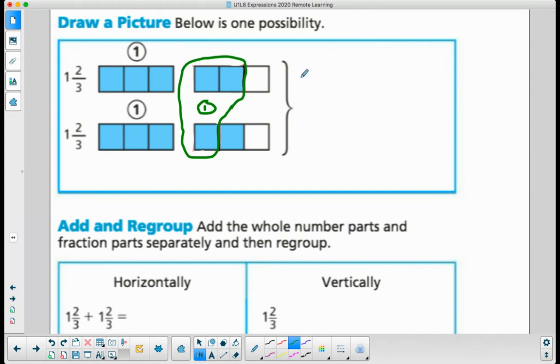So now I have one whole plus this one plus one more whole, plus I have this right here, which is 1/3.